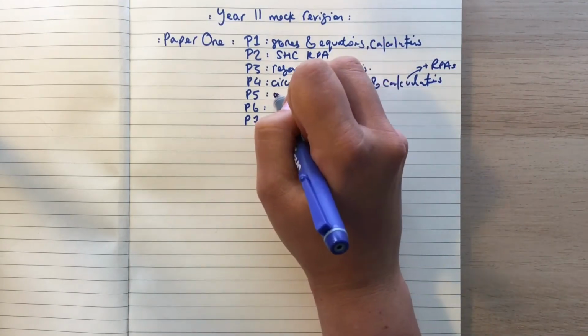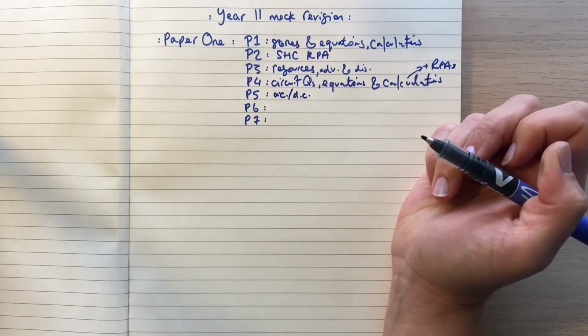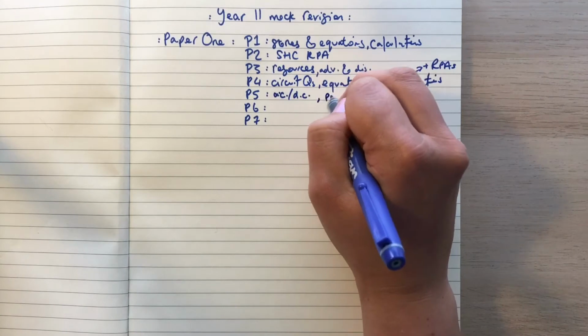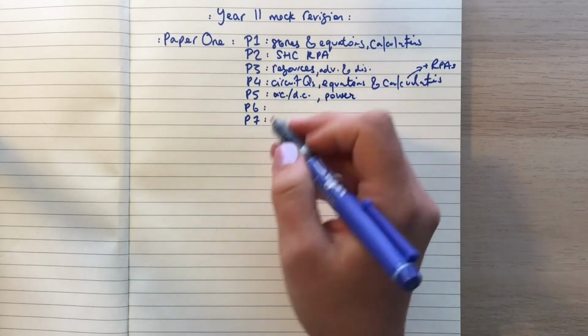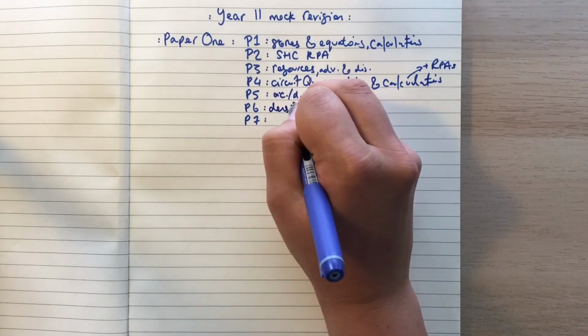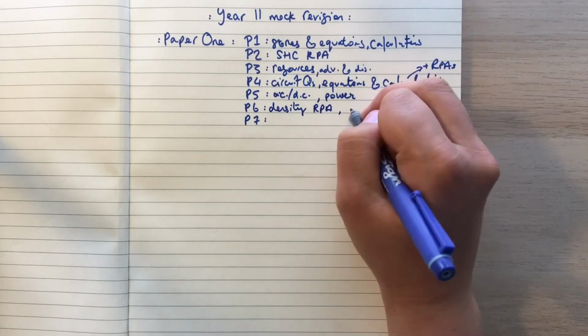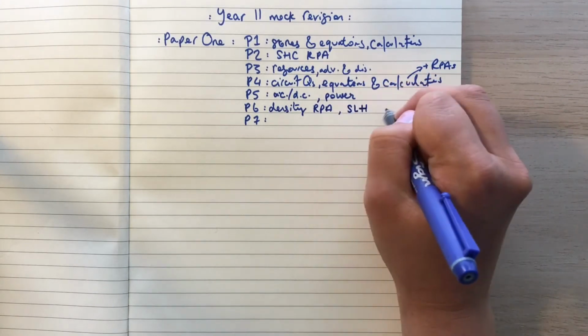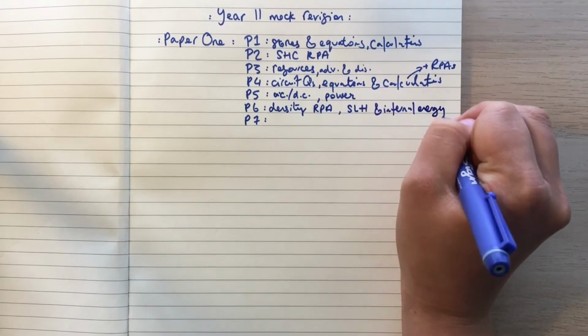P5, this is where AC and DC come in, and that can be a source of confusion. And then talking about electrical power is something that's important as well. P6, there's the density RPA, which is important. And there's also specific latent heat and internal energy, which are ideas that people often struggle with.